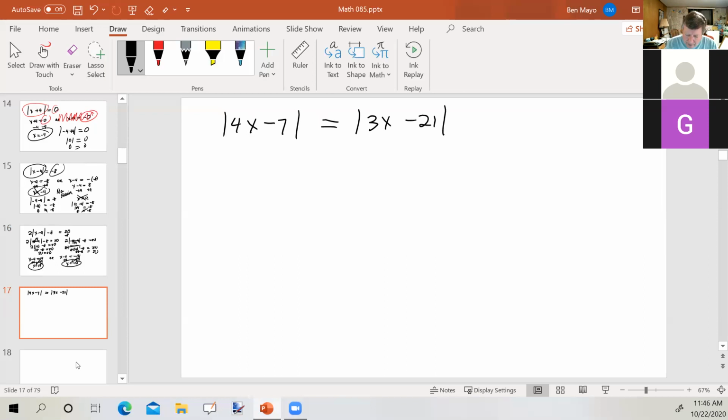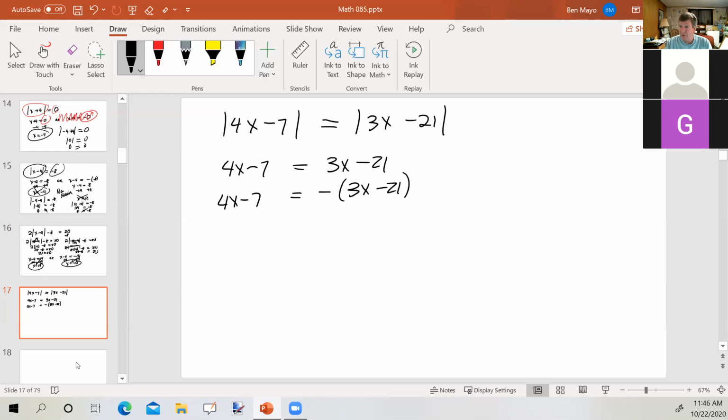All right. Now, if we look at this, we could take what's inside there equals what's inside of there. That would be one possibility. Or we could take what's inside the first one equals the opposite of what's inside the second one.